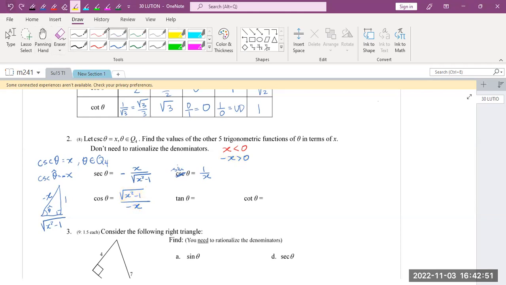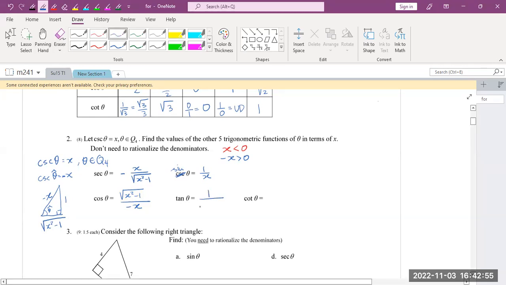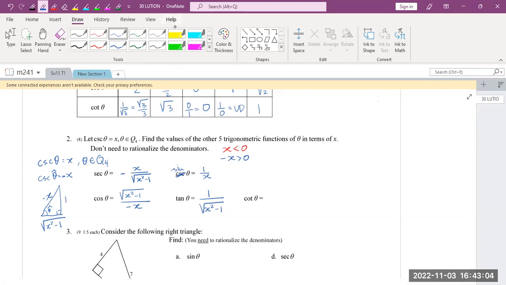How about tangent theta then? Tangent theta is opposite over adjacent. However, tangent in quadrant 4 is supposed to be negative, right? The top here is positive, the bottom also positive. We need to make it negative. So I will use negative to make tangent theta negative.